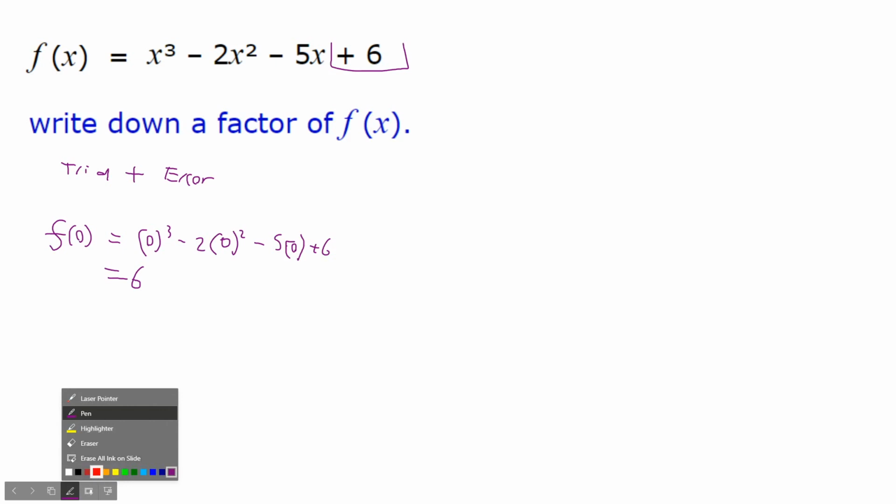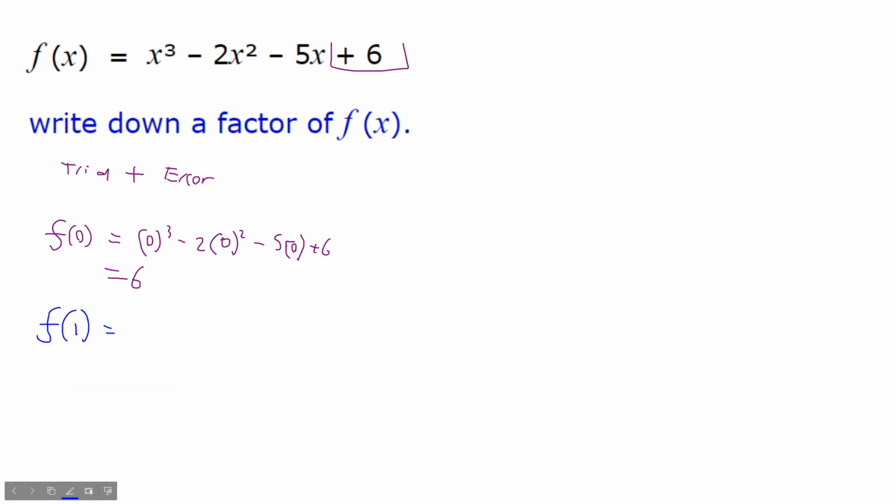Let's try something else though. Let's try f of 1. Okay, f of 1 is just going to be 1 cubed minus 2 times 1 squared minus 5 times 1 plus 6. And so what we're left with is 1 minus 2 minus 5 plus 6. And that's just equal to 0.